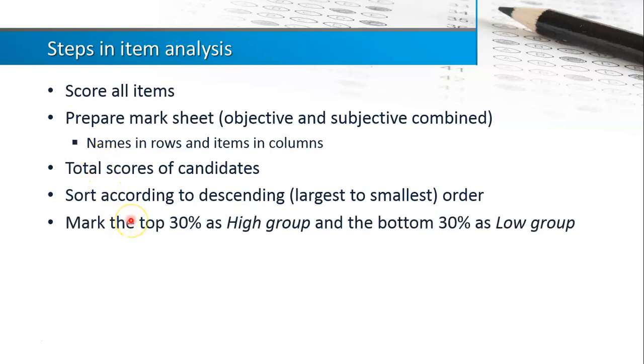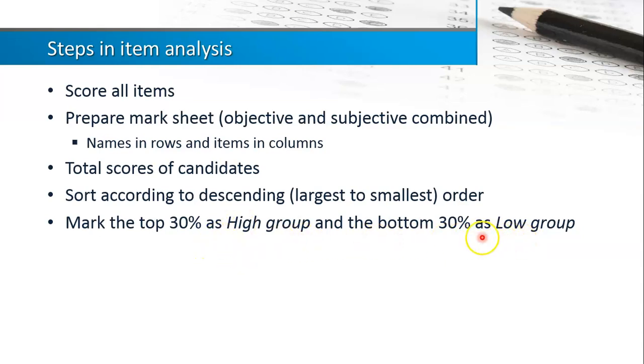And then you calculate how many students are in the top 30%. We tag these as the high group students or high group candidates, and then calculate the 30% of the lowest or least performing students. We call this the low group.